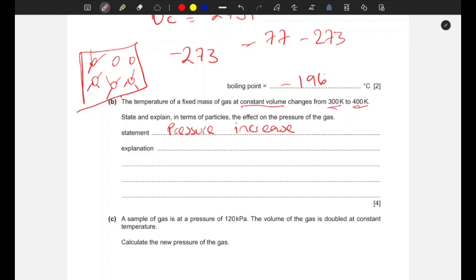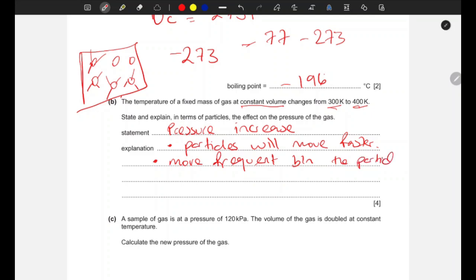So now I just have to write that down. So the first one would be the particles will move faster. And then after that, there would be more frequent collisions between the particles and also the walls of the container.